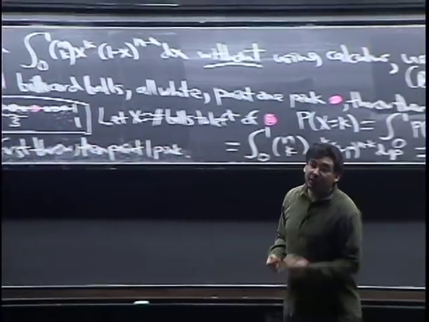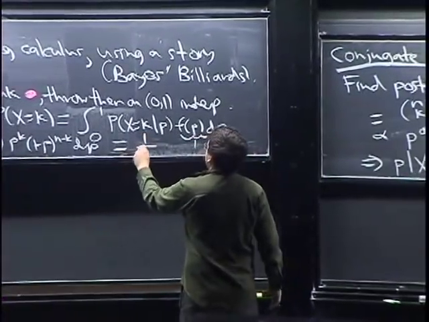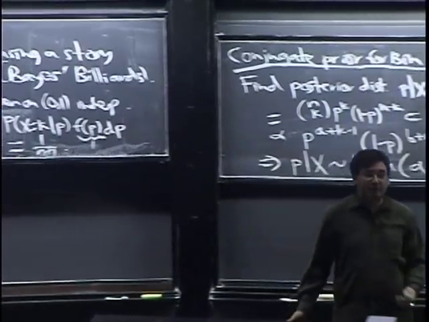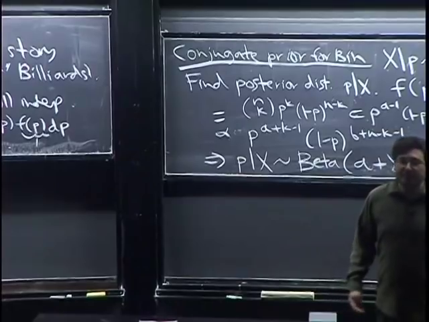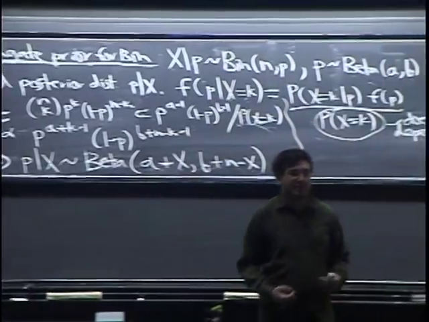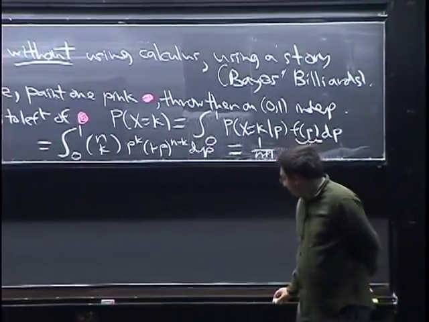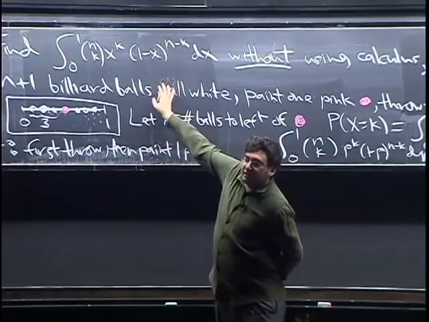So all numbers from 0 to n, integers, are equally likely, so it must be 1 over n plus 1. So that integral is just 1 over n plus 1, and you can write that down just by looking at the picture without actually doing integration by parts or expanding things out term by term, all that stuff. Okay, so that argument gives us the normalizing constant for some cases of the beta.